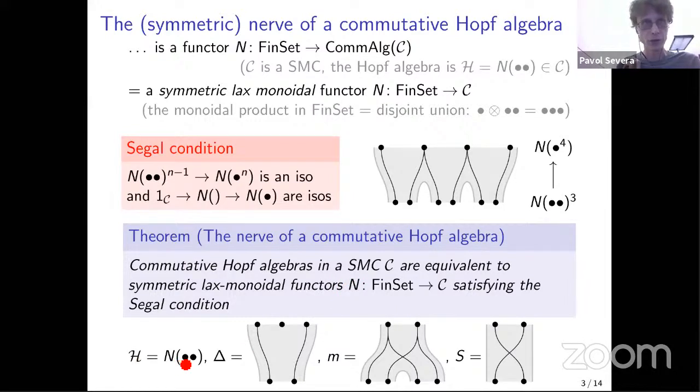That is just n of 2 dots. This is what used to be the product on the previous slide, if you remember. So now it's the coproduct, precisely the same thing. That's the product which I showed you just before, how things actually turn into commutative algebras. And this is the antipode, which makes sense: if you have this holonomy between 2 points, then to get the inverse, you can just switch those 2 points. Okay.